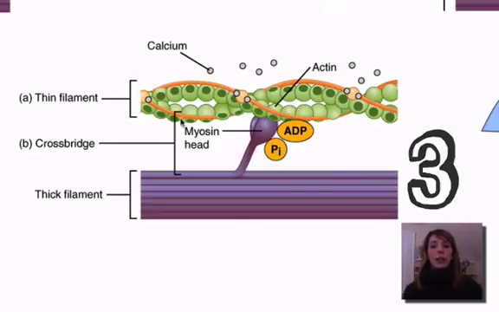This contact with the actin filament stimulates the myosin head to actually let go of ADP and inorganic phosphate. And when it lets go, there's yet another conformational change, and this one is known as the power stroke.